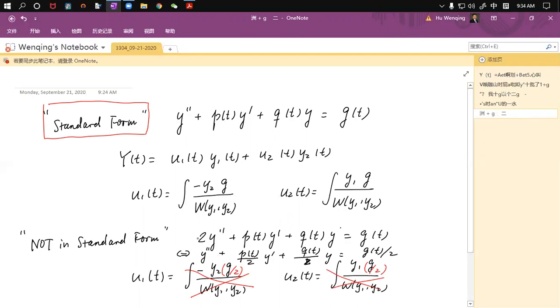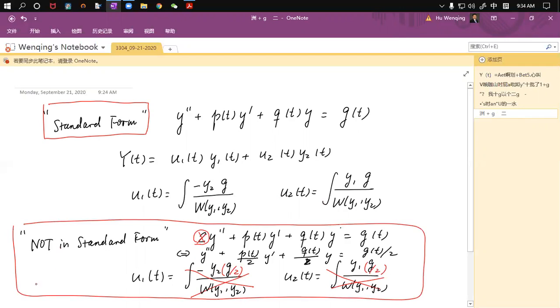It's not correct simply because the equation is not in a standard form. So do not use this theory arbitrarily. When the equation is not in a standard form, you simply don't use it. No matter what equation you're given, you can always turn it into a standard form equation first by dividing both sides by the leading coefficient of the double derivative.